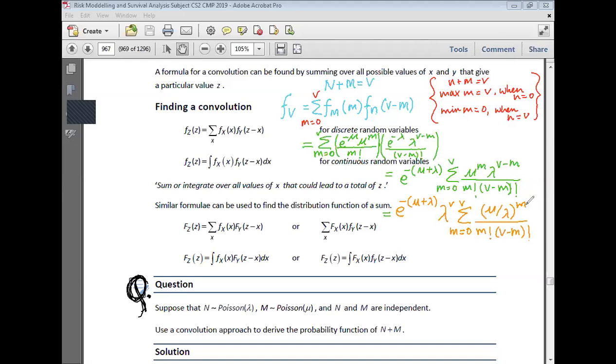So again, remember, whenever you really don't know how to solve this summation, just head over to your table booklet and see if this looks like any other distribution that you might have.